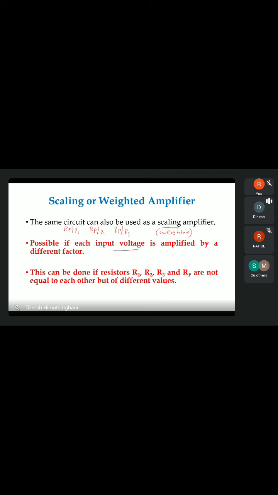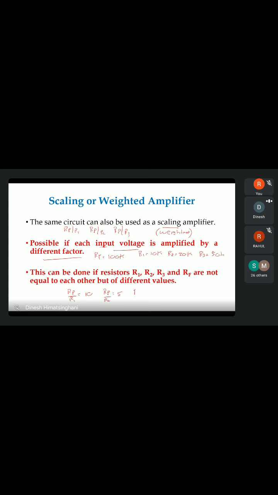This is possible if each input voltage is amplified by a different factor. So for example, let us say your RF is 100K. Let's give you an example. Your R1 is 10K, your R2 is 20K, and your R3 is 50K. So what is RF upon R1? It is 10. What is RF upon R2?